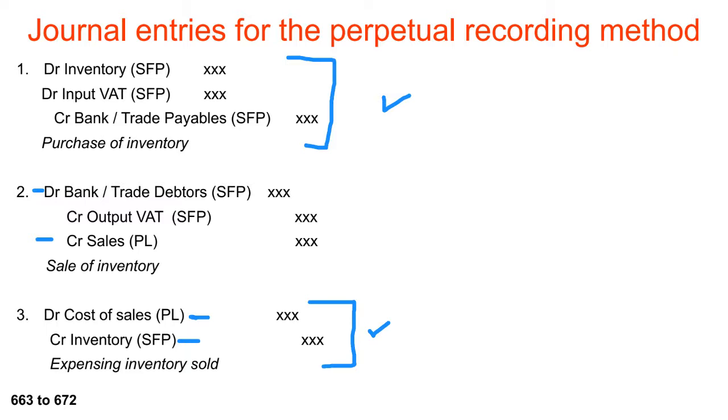And so you'll rarely see the periodic system coming through in your tests and exams, right? So in your tests and exams going forward, you'll often only see perpetual, and the periodic won't even be mentioned, right? So the key is that you need to assume going forward that it's always the perpetual inventory system, and you won't necessarily be told that it's the perpetual inventory system. You can assume that it is, because we won't test the periodic inventory system in detail or at all.